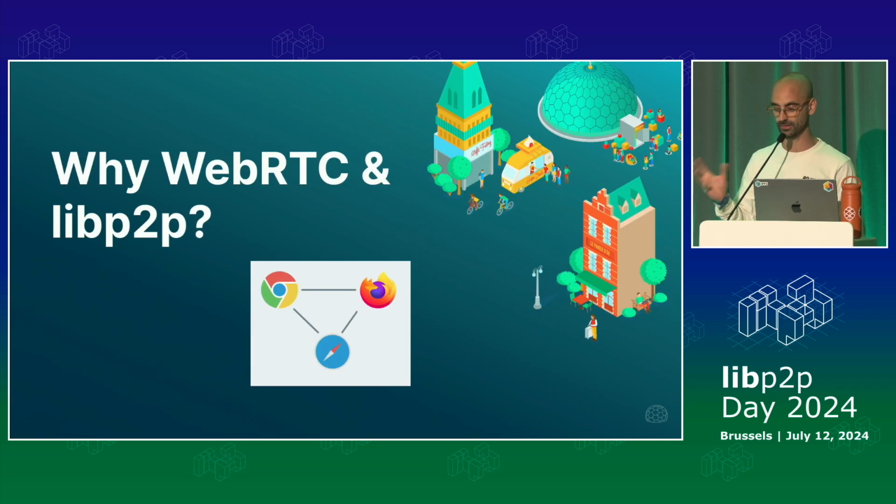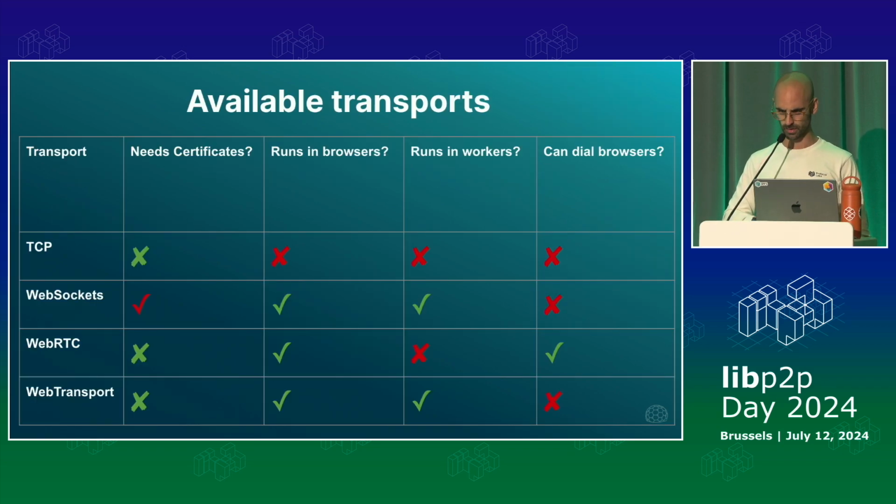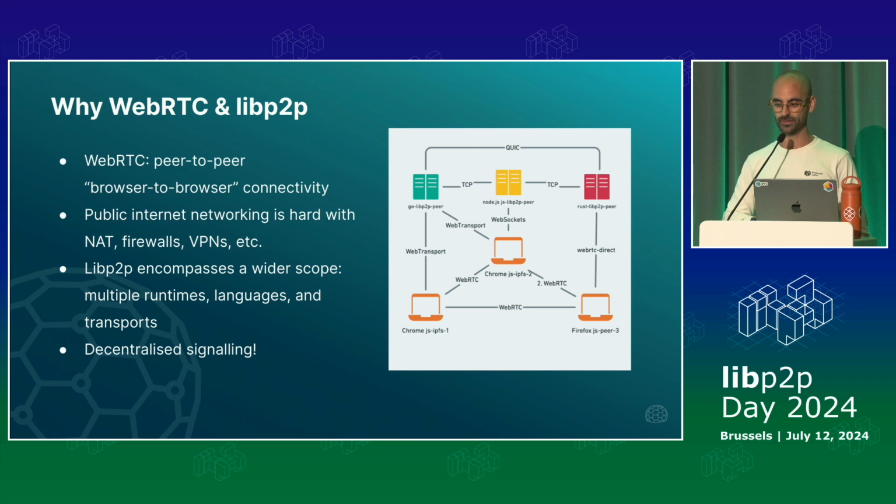Okay, so why libp2p? WebRTC is quite complex. And as I mentioned, it mostly just encompasses browser to browser. The nice thing about libp2p is that it actually encompasses a lot more than just browser to browser.